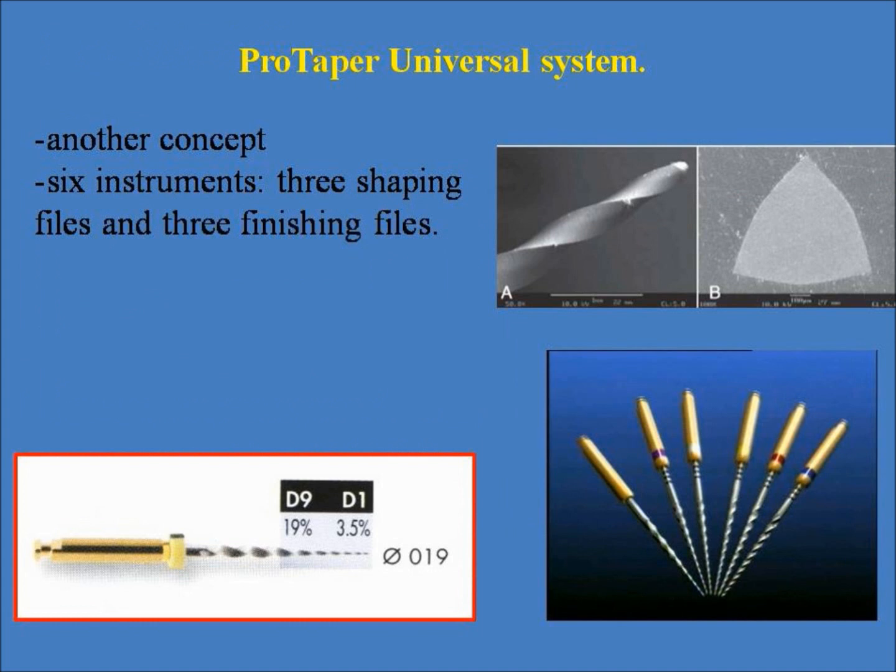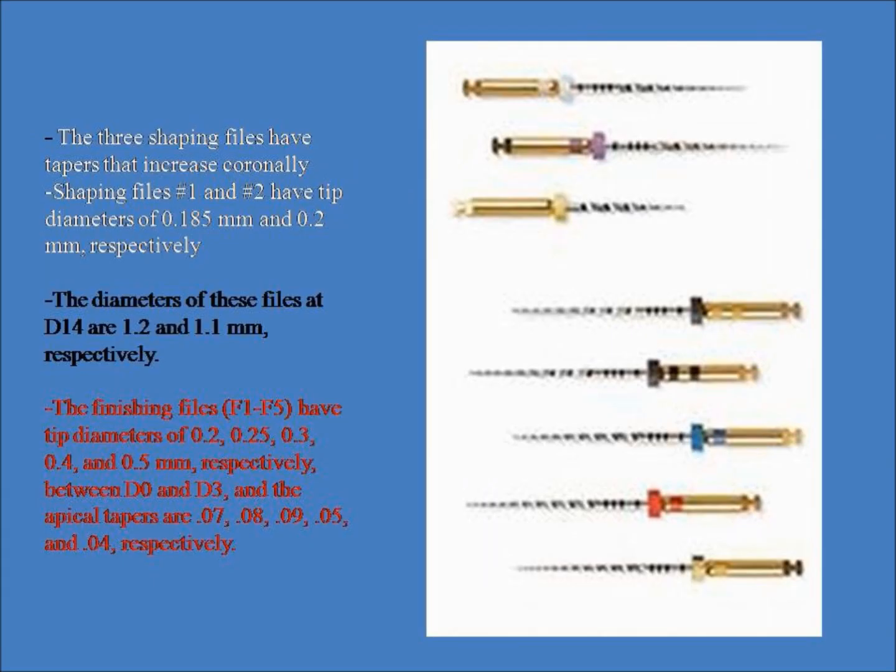ProTaper Universal system. The ProTaper system is based on another concept and is composed of 6 instruments, 3 shaping files and 3 finishing files. This set is increased by 2 larger finishing files and a set designed for retreatment procedures.